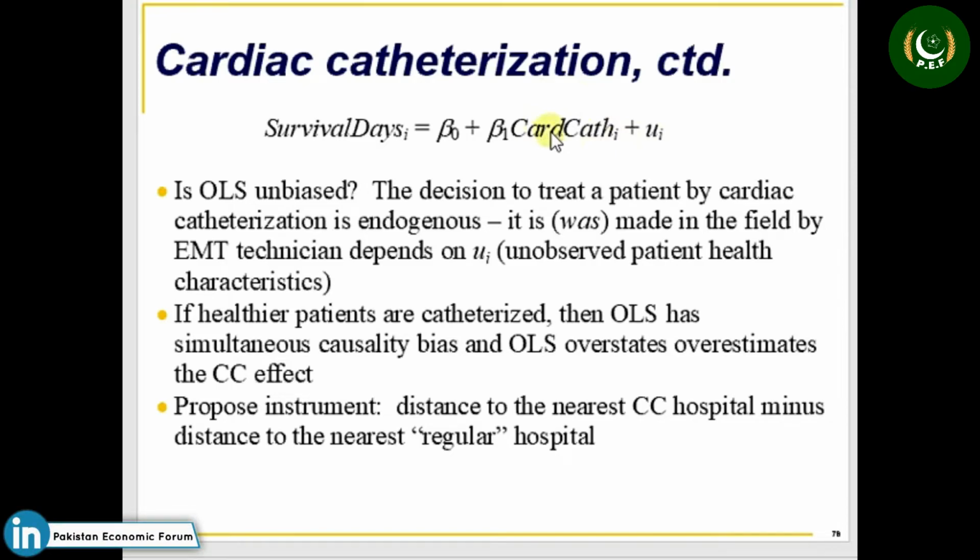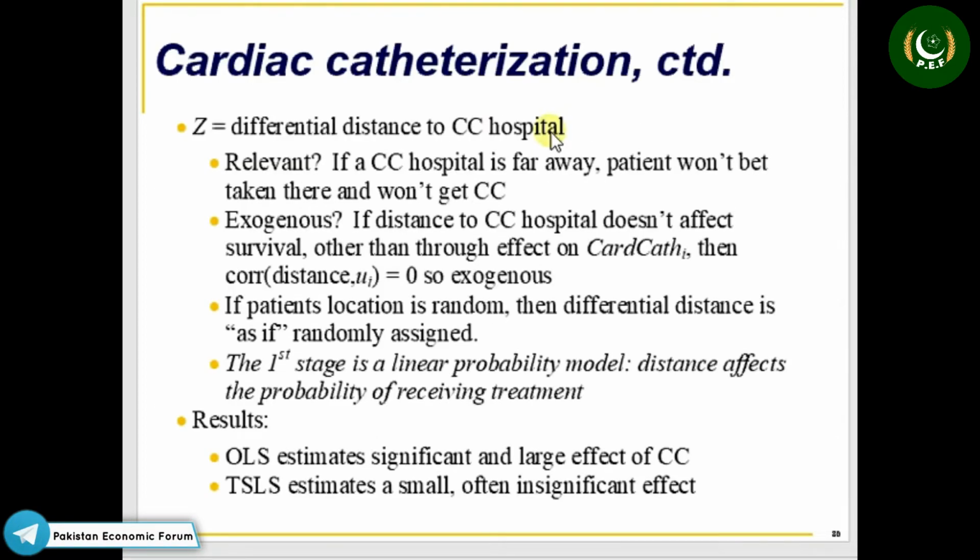So how can we find it out? Someone has done it in a very clever way. The distance to a cardiac catheterization hospital may be considered as an instrument, because if you have a nearby cardiac catheterization hospital and you go there, you will immediately have cardiac catheterization.